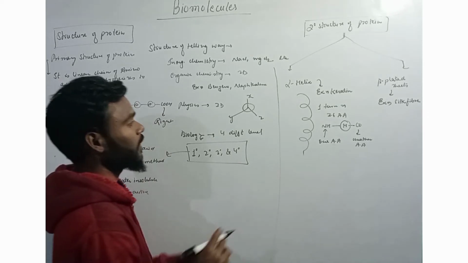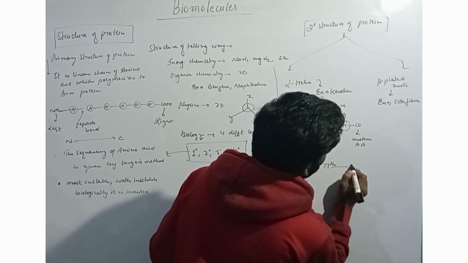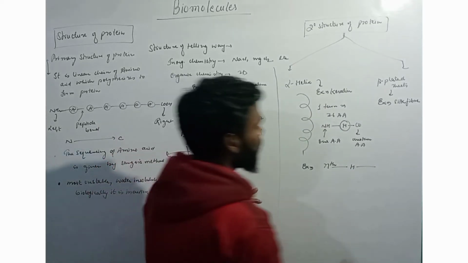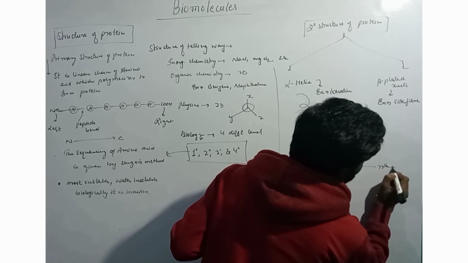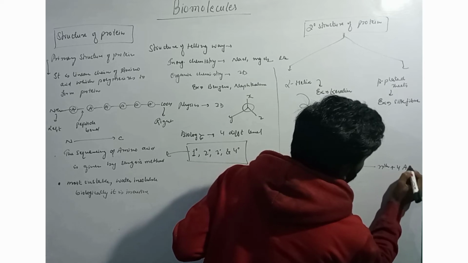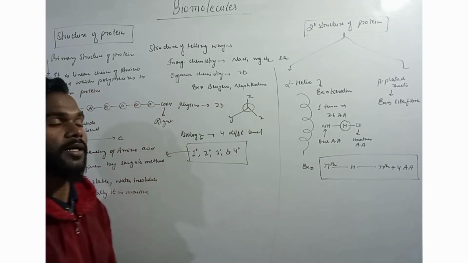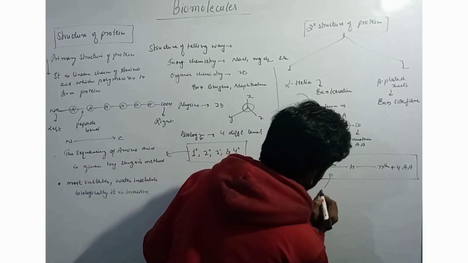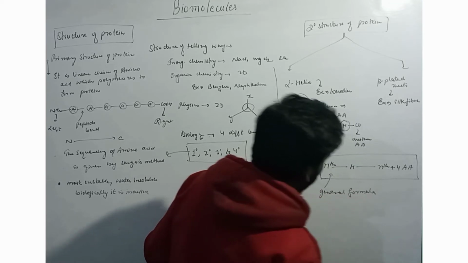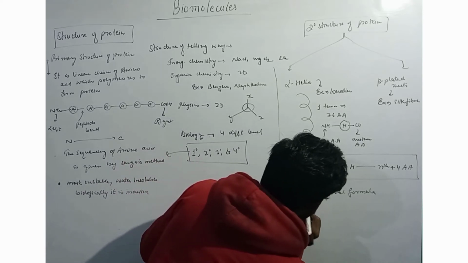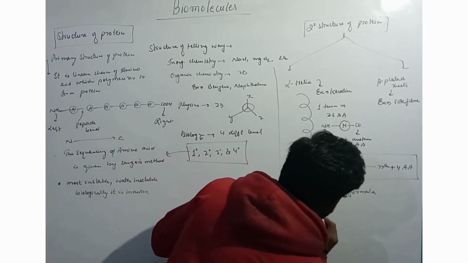For example, when you're talking about the nth amino acid, it will make the hydrogen bond with the nth plus 4 amino acid. Please do remember, this is the general formula of the hydrogen bond. For example, let us consider the first amino acid.